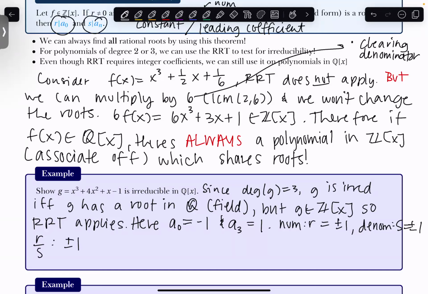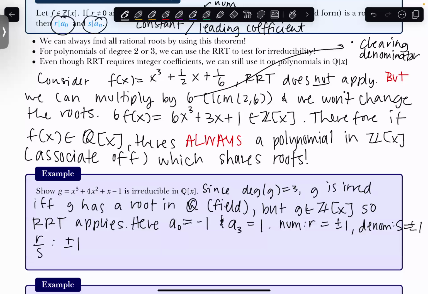Okay. In terms of the signs, we don't have to be that careful. We can just look at 1 and 1, and think what are my possibilities for numerator and denominator? And then in my final answer, I can put a plus or minus. So you don't have to match up all these two with these two. I just think 1 and 1 and put plus or minus in the front.